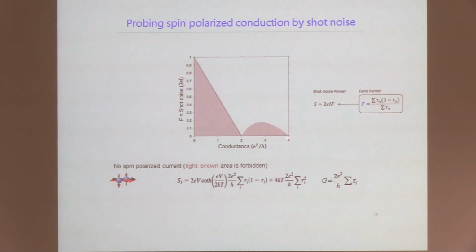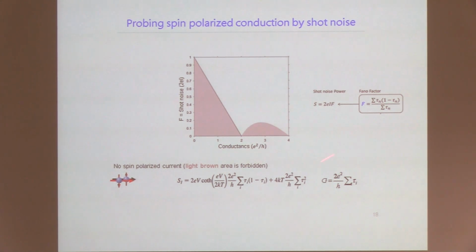This line means you have only one conductance channel, and the Fano factor is nothing but 1 minus tau. There should not be any data in this gray region. Theoretically, if you have some data in this region, then your experiment has some problem.